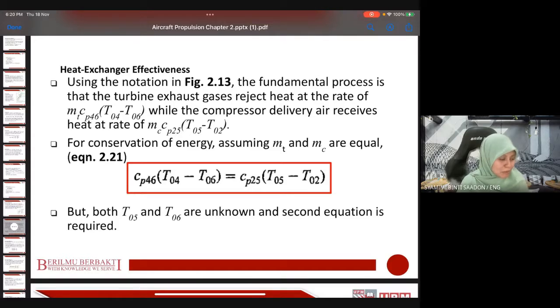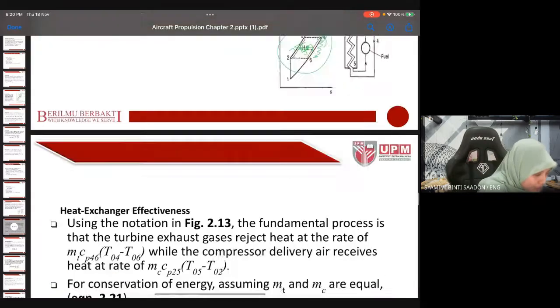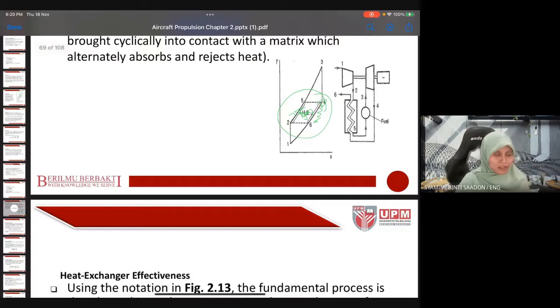But both T05 and T06 are unknown and a second equation is required. If you want to solve this equation, we need the value of T05, which is the total temperature or stagnation temperature exiting the regenerator from the cold side.